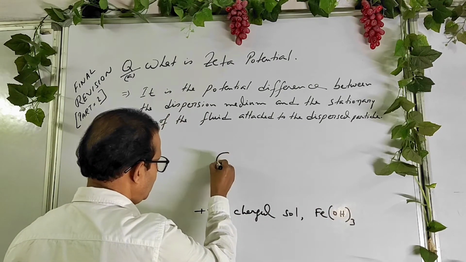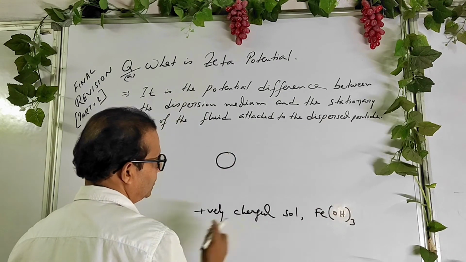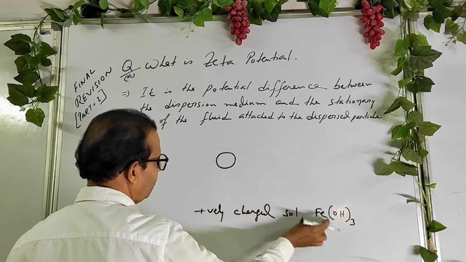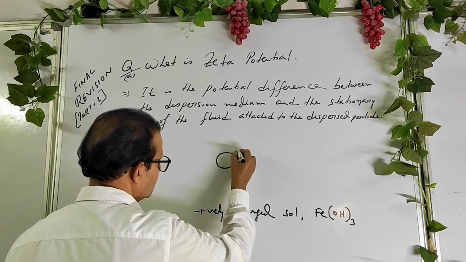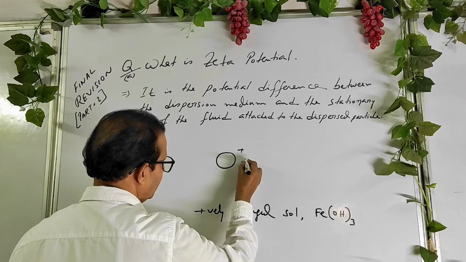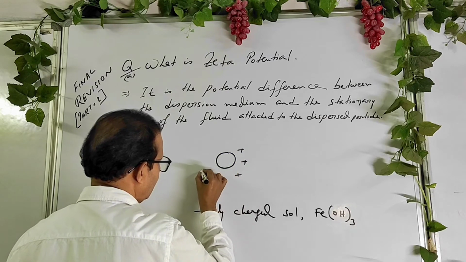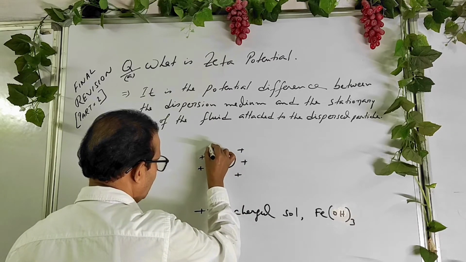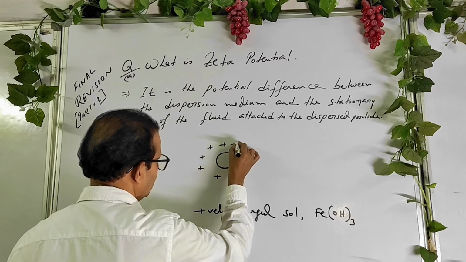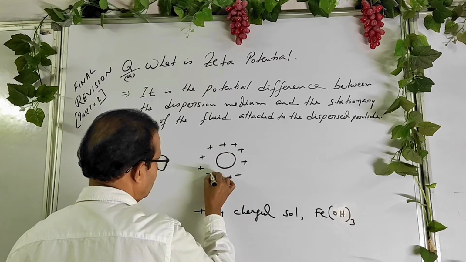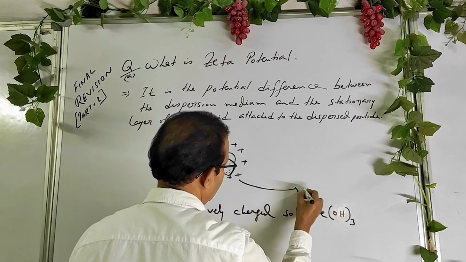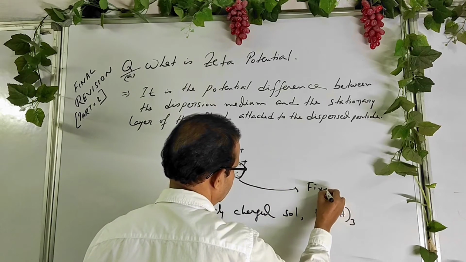If you consider the center of ferric hydroxide, one particle, surrounding it there is a fixed layer of positive charge. This is called the fixed layer.